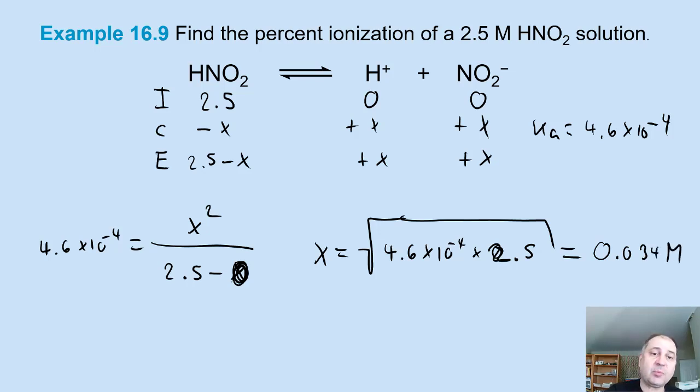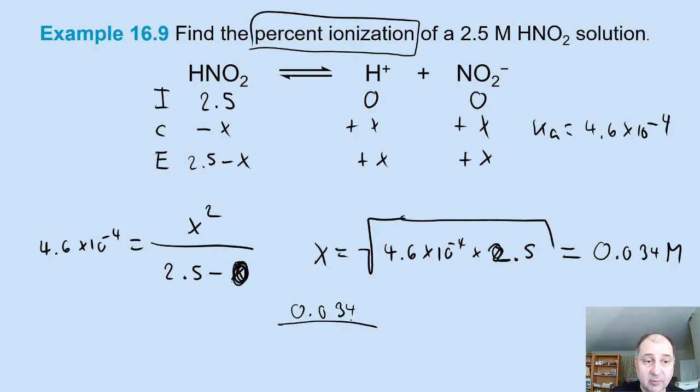It asks us for percent ionization, so all I have to do is take that 0.034 and divide it by the initial concentration, which is 2.5, and multiply. If you wish, you can put M and M in. It cancels because we're doing a percent, times 100, which is equal to 1.4%. That's all it's asking us to do.